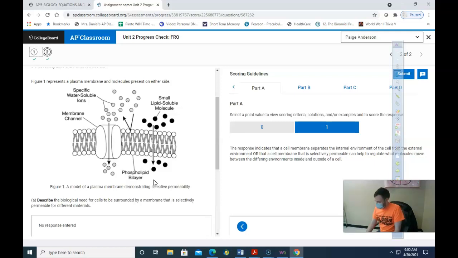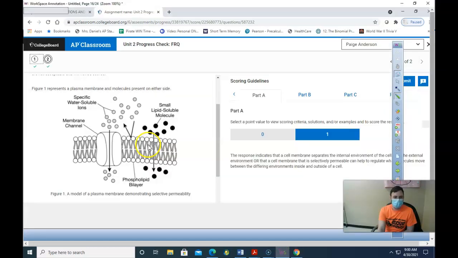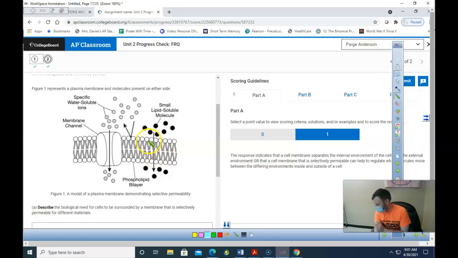And B, how does this picture show selective permeability? Well, for B, you would have to say something to the effect of, the small lipid-soluble molecules get in without going through any doors. So they can go through the membrane, whereas these had to go through a channel.